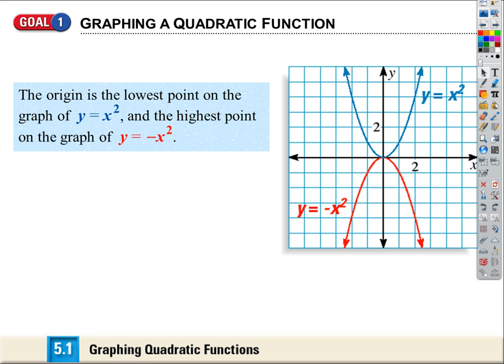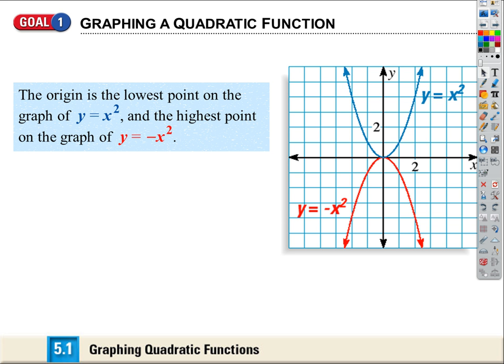Question? Could you replace the x with the y so it's x equals y? You could. And what do you suppose would happen if you did that? You go sideways. Yeah, you can have sideways parabolas. You can have parabolas that are tilted in any direction. Later on you'll do more of that stuff, function rotations and transformations.